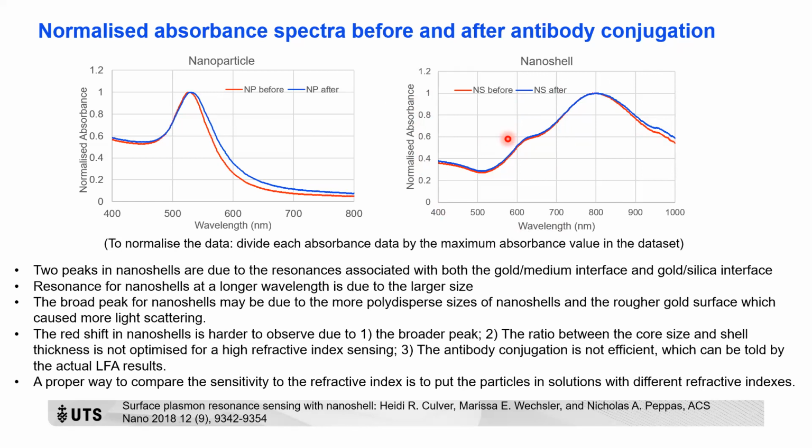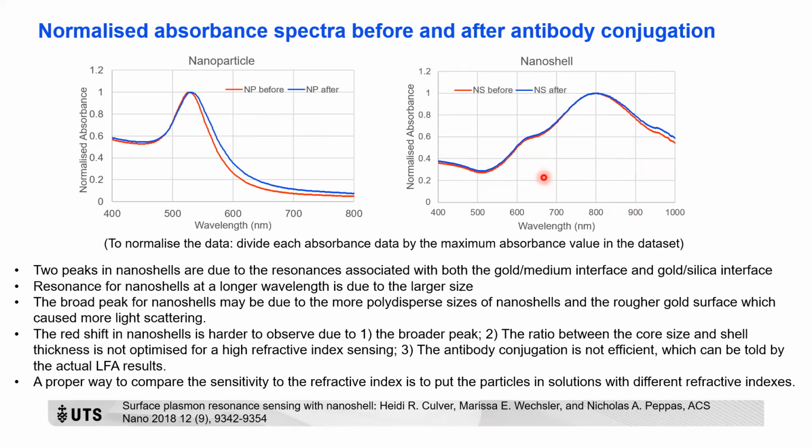The last thing I listed here is that when we use it for refractive index sensing, a good way to check the sensitivity, instead of doing the antibody conjugation, is to put the nanoparticle in different solutions with different refractive indices.